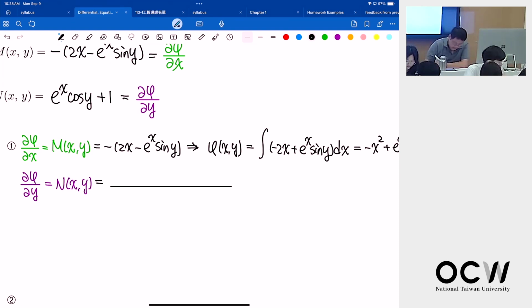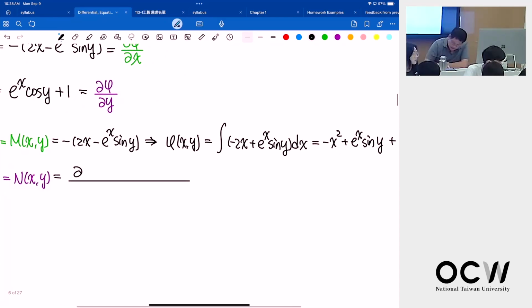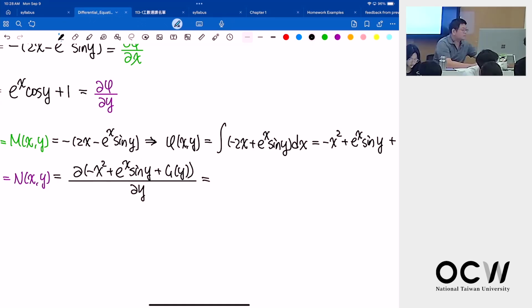What is our potential function? We just get here, minus x squared plus e to the x sine y, and also a function of y, and then partial y.